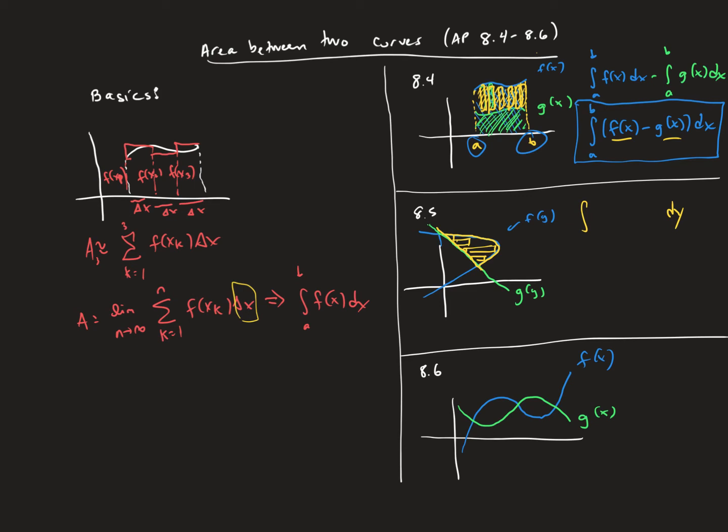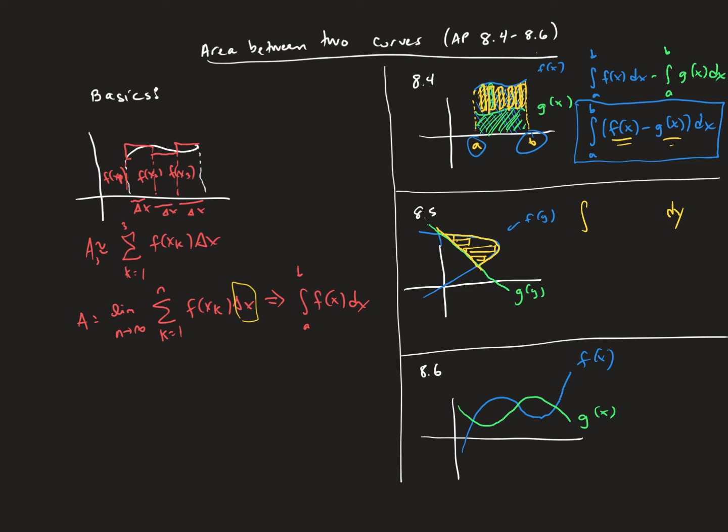Now, when we were talking in 8.4 about what's bigger and what's smaller, it's easy to see. The thing on top is bigger, the thing on bottom is smaller. When you're dealing in terms of y, though, you need to know which x values are bigger and which x values are smaller, unlike y's being bigger and y's being smaller like it was in 8.4. So when you're thinking bigger and smaller in terms of y, think the function to the right and the function to the left.